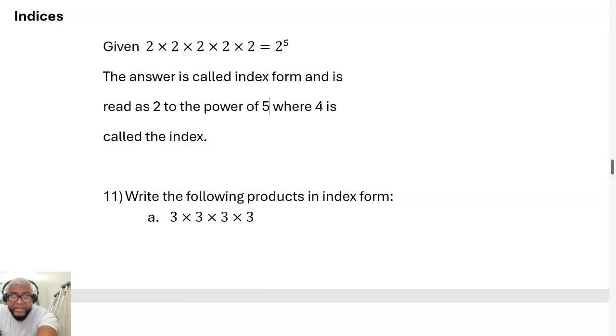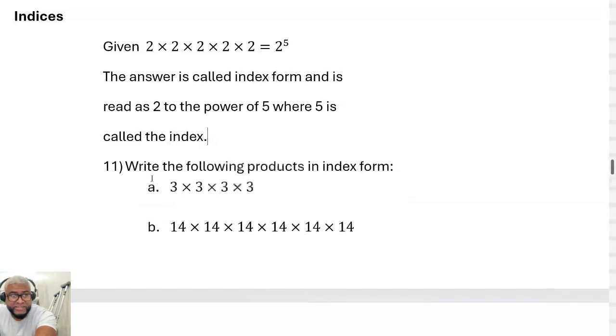Where 5 is called the index, right? Or the power. I just say power. So once you have a number being multiplied by itself a multiple amount of times, it will be that number to the power of how many times you are multiplying it, right? So copy this down for me quickly. And as you finish, you can probably do number 11, A and B here. Simple stuff.